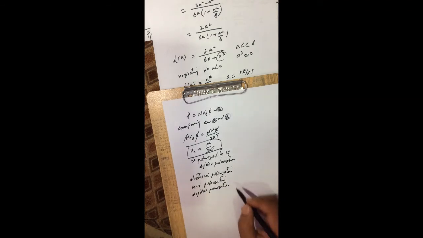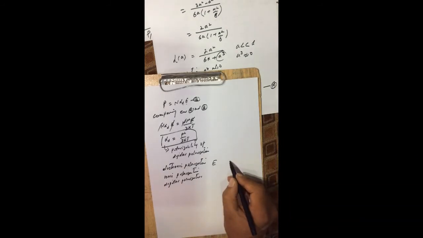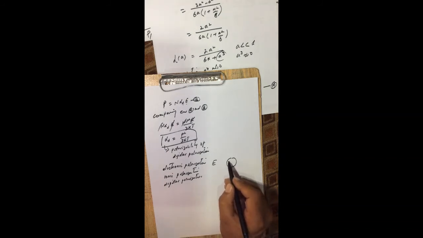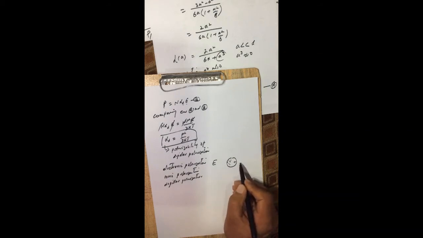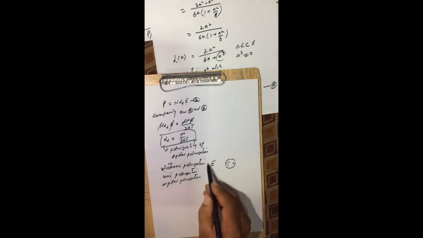Once we apply the electric field, the atoms inside the ions get polarized. So the electrons move in one direction and the positive nuclei move in the other direction. So we have the electronic polarization.